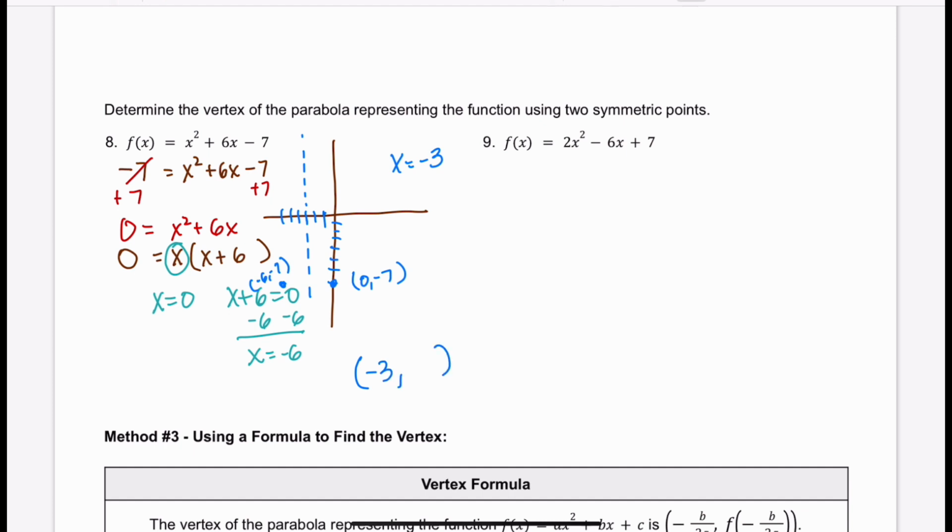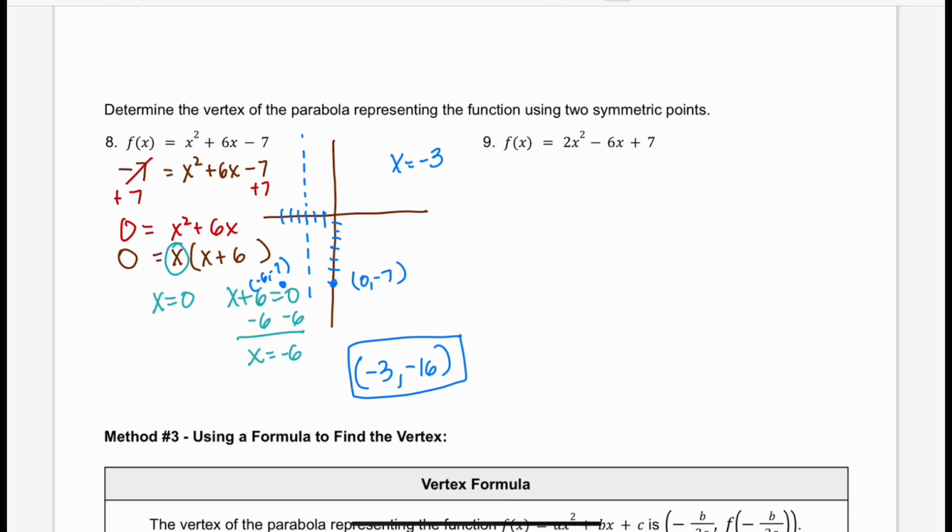To get the y, we're going to take that -3 and plug it into the equation. So I'm going to have my -3 squared plus 6 times -3 minus 7. That's 9 minus 18 minus 7. That gives us a -16. And so that would be the vertex there.